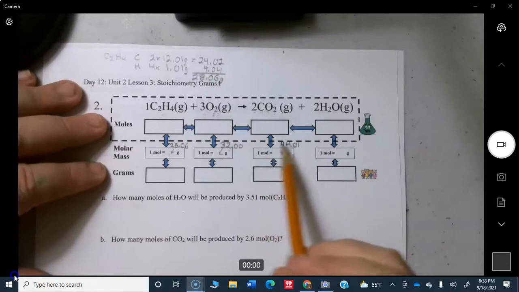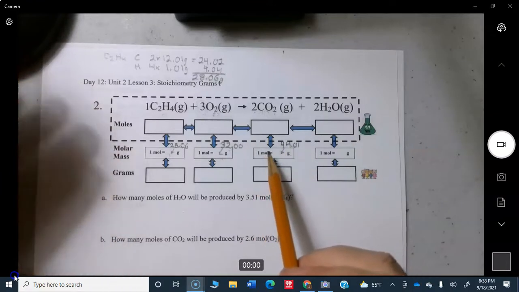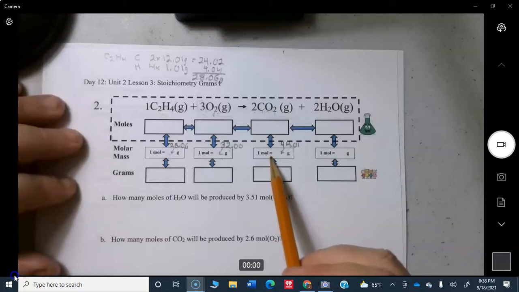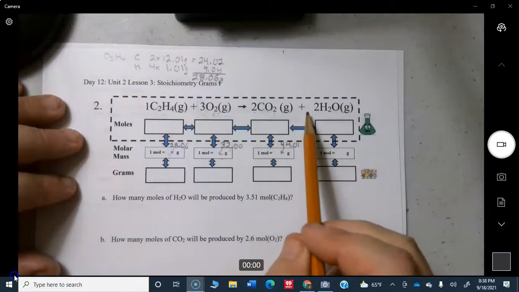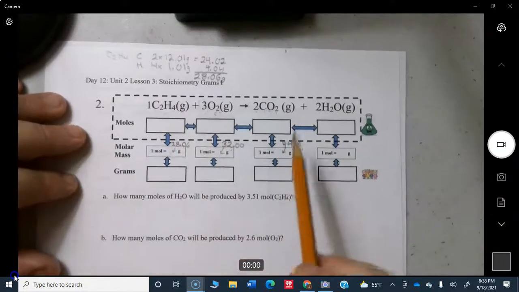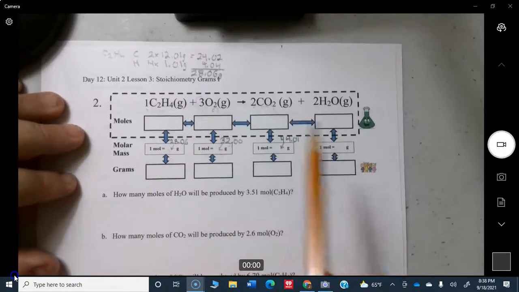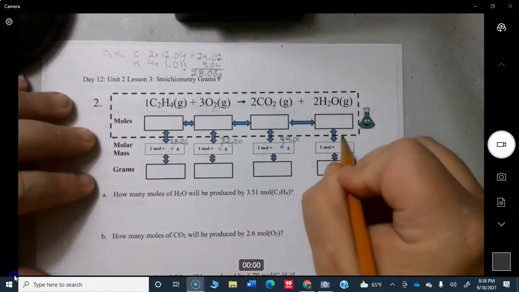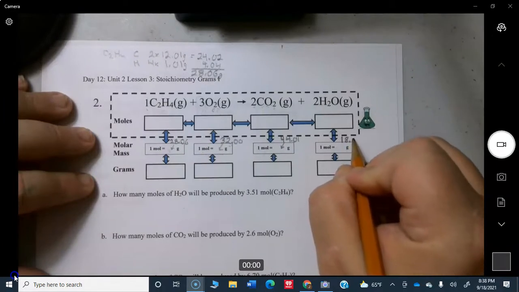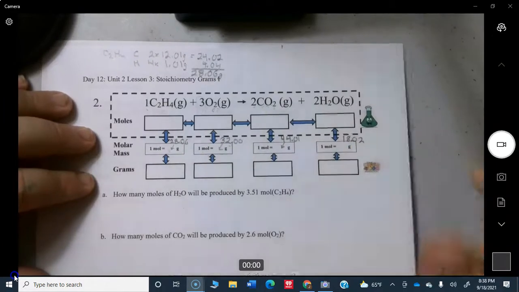In other words, the molar mass for carbon dioxide in any problem you ever work is always going to be 1 mole CO2 equals 44.01 grams. It doesn't matter what these coefficients up here are. These are just for this specific reaction. Okay. H2O is 18.02. It's 2 hydrogen at 1.01 times 2 plus 16 for 1 oxygen atom.